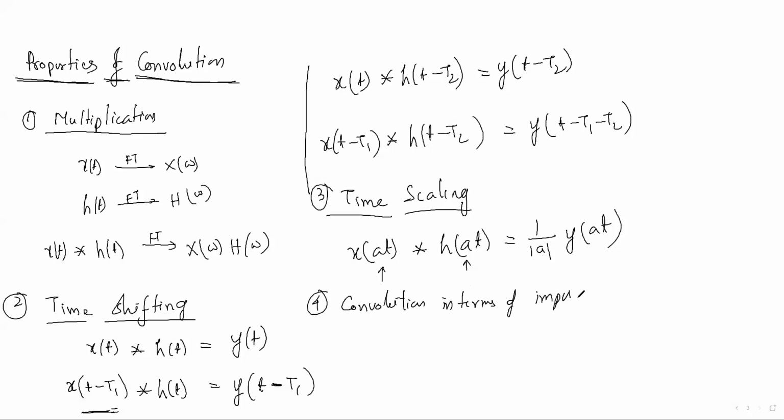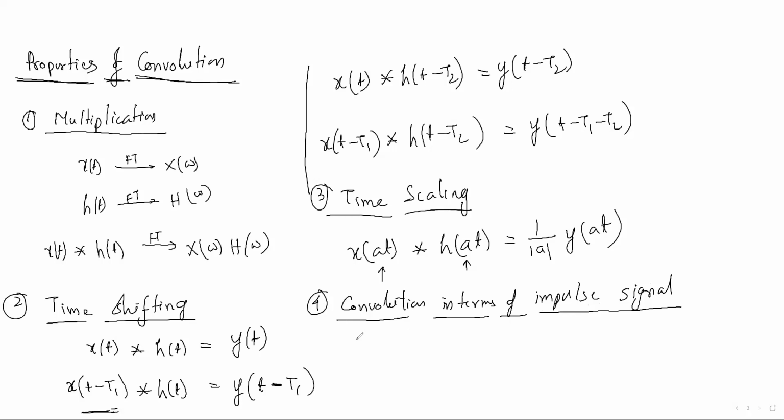Impulse signal means delta t signal. I think you are already familiar with the delta signal. It exists only at t equal to 0. I think you know impulse signals only exist at t equal to 0. So the convolution in terms of impulse signal.